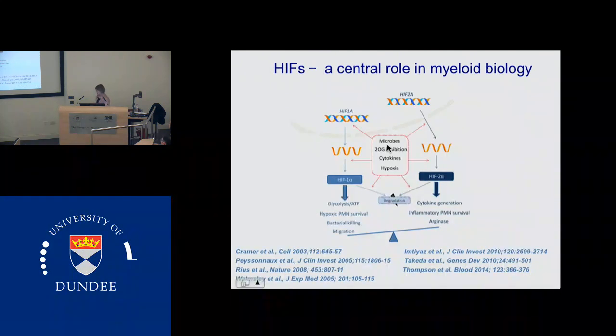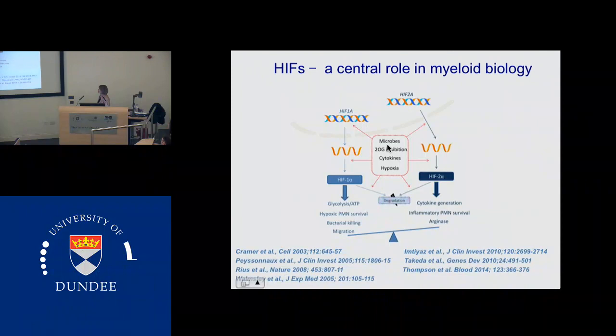And we know from the work of a large number of groups that all cells have the ability to respond to oxygen through activation of a key transcriptional pathway, the HIF pathway, the hypoxia-inducible factor pathway. There are 2 HIFs, HIF1 alpha and HIF2 alpha, that bind to the same beta subunit. But today I'm mainly going to tell you about HIF1 alpha.